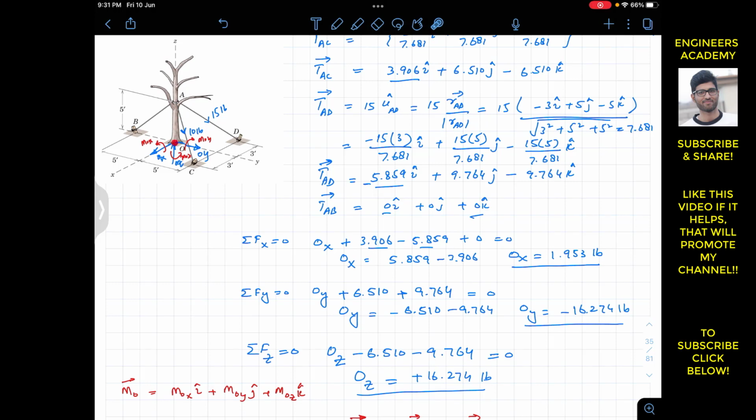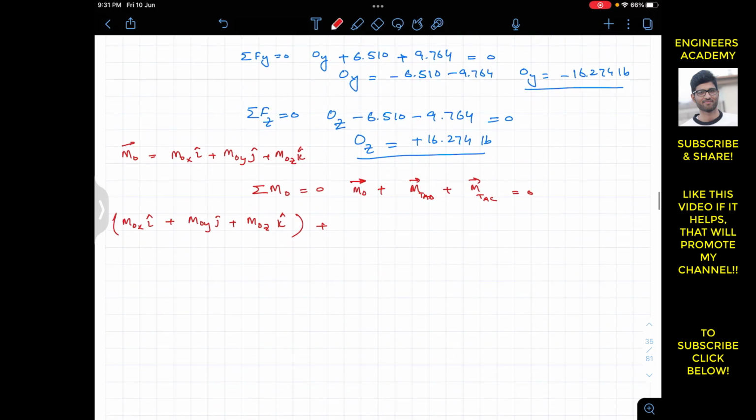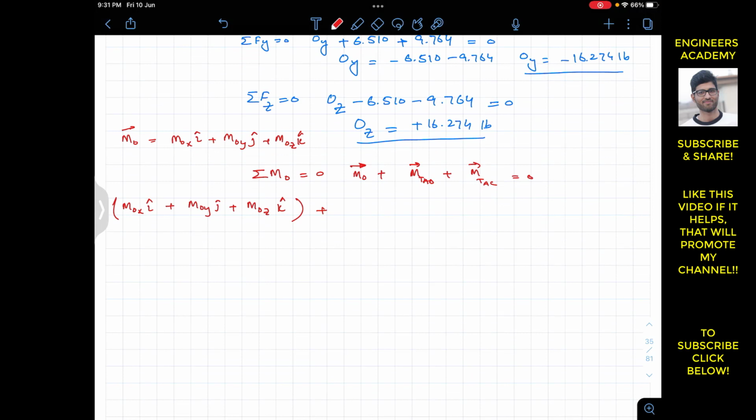And similarly, the same position vector, from O to A, can be selected as the moment arm for this TAC as well. So let me write that this will be the position vector from O to A cross TAD vector plus the position vector from O to A cross TAC vector. So this is equal to 0.